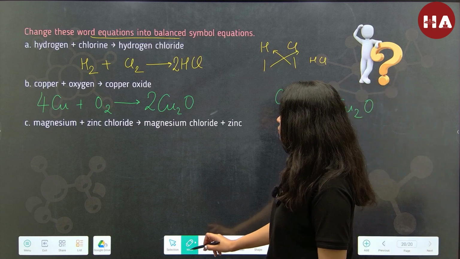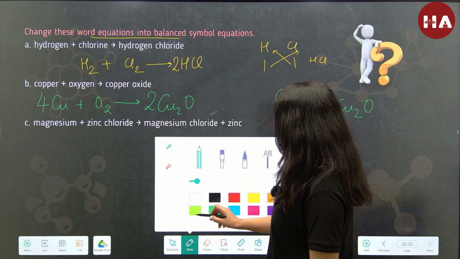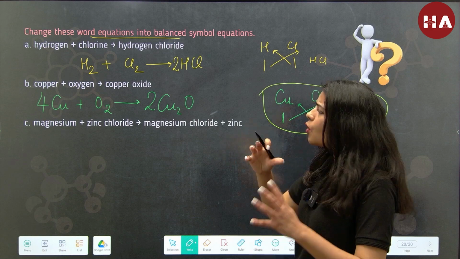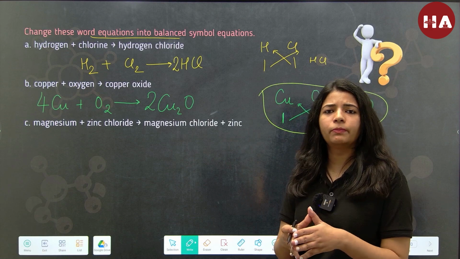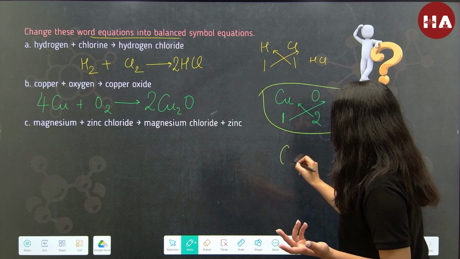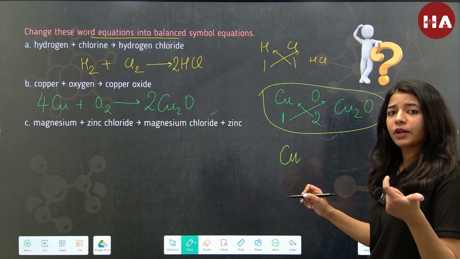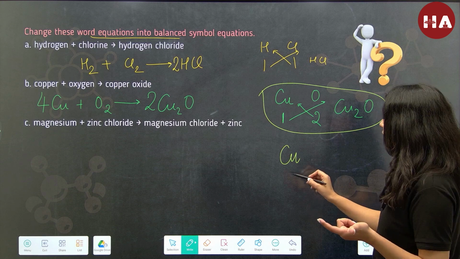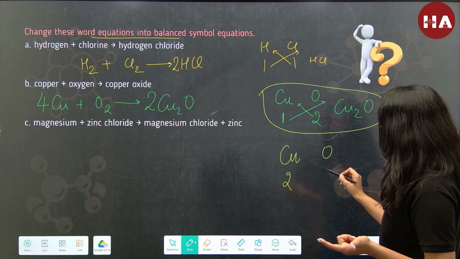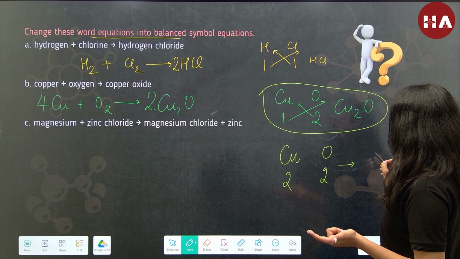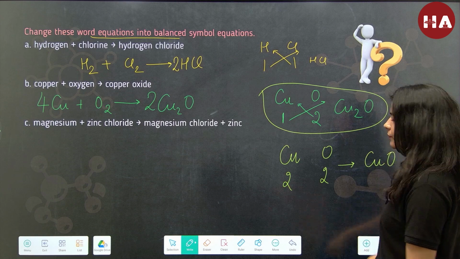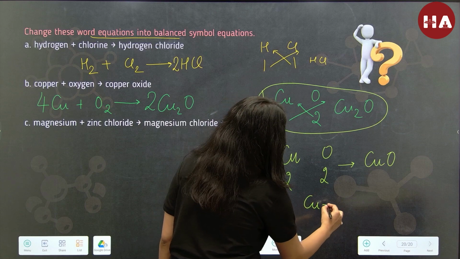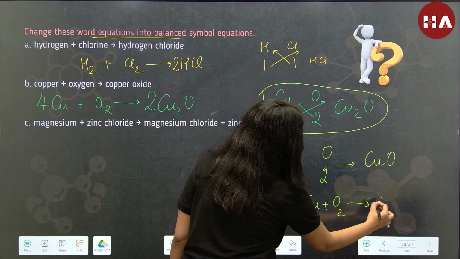Next, let's take one more part of the same question. What if we consider the valency of copper to be plus 2? Because copper can be present in plus 1 and plus 2 oxidation states. So if we consider the valency of copper to be 2, then if we crisscross, this will become CuO. Then I will write the reaction like this: Cu plus O2 gives CuO.